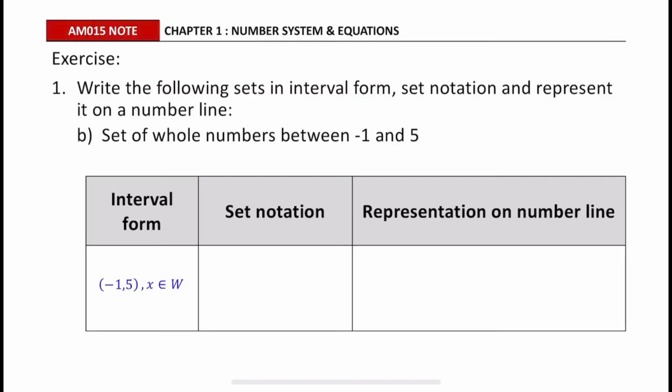In fact, the whole numbers included are 0, 1, 2, 3, and 4. But in set notation, we must write it with the curly bracket. To represent this on a number line, we must draw the number line with every point from -1 to 5. Then, draw the dense circles on the whole numbers from 0 until 4.